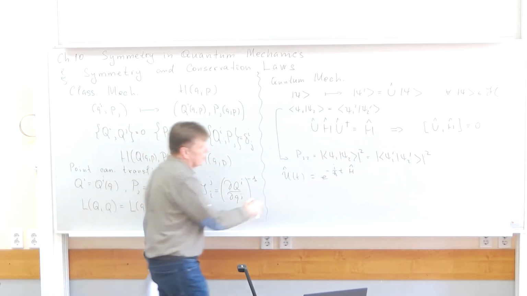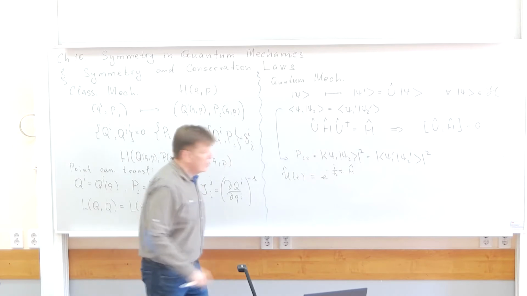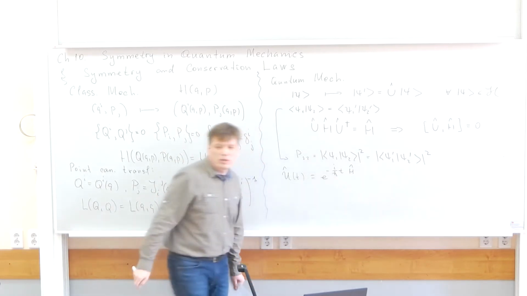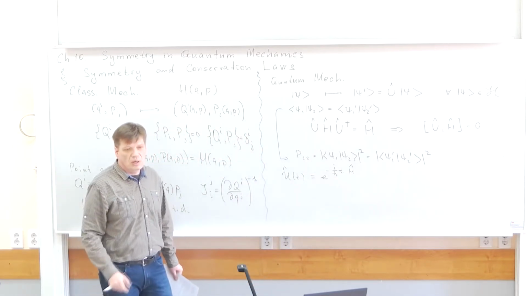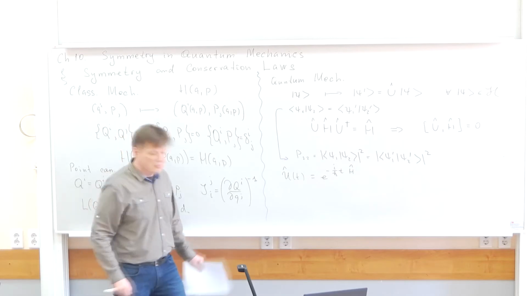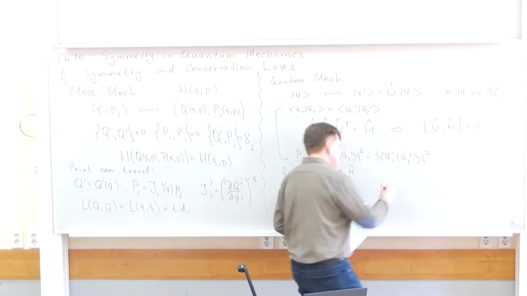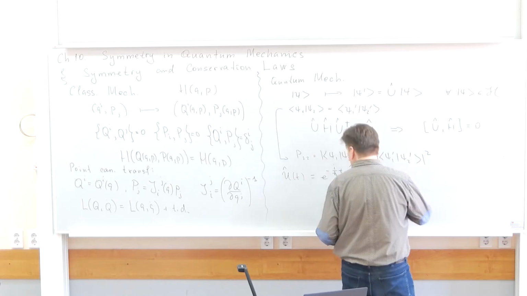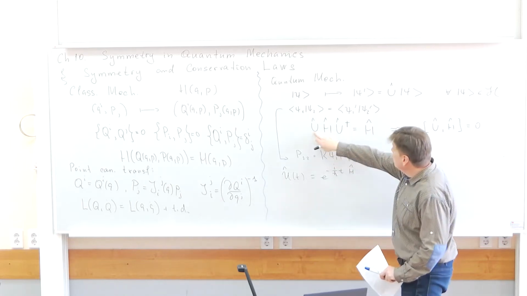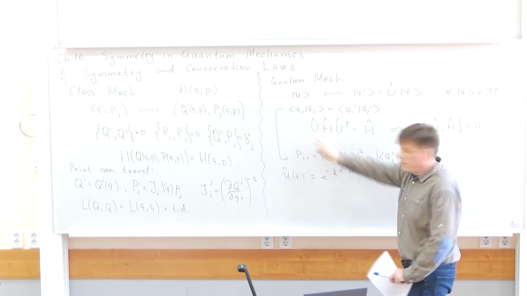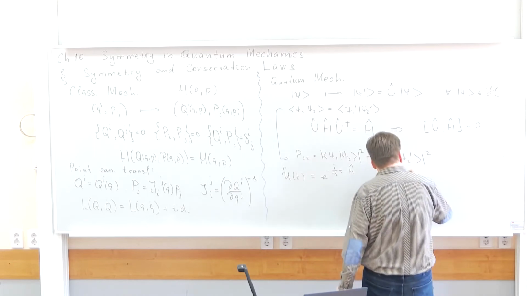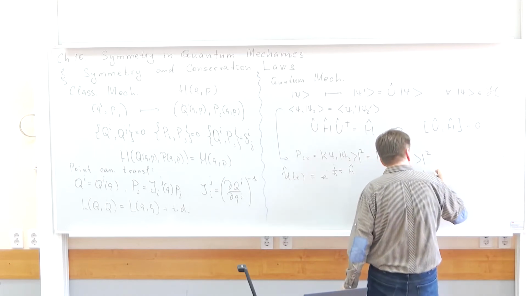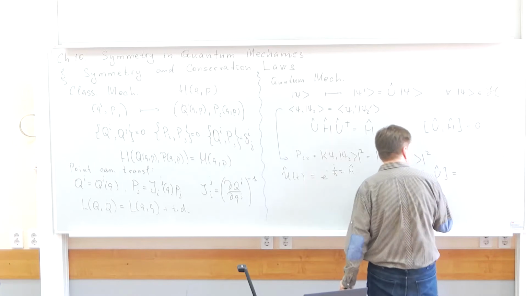Clearly, this evolution operator, being a function of our Hamiltonian H, also commutes with the Hamiltonian, right? And with our symmetry operator, right? So U of t commutes with the symmetry operator U.